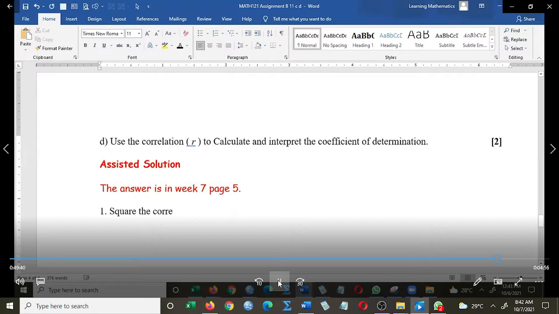So even though it's Pearson's, Spearman, Kendall, whatever you choose, the correlation you get, you square it. I have just calculated Pearson's, but it's the same thing for Spearman, Kendall, or whatever instrument that you use. So what's the square of 0.984?